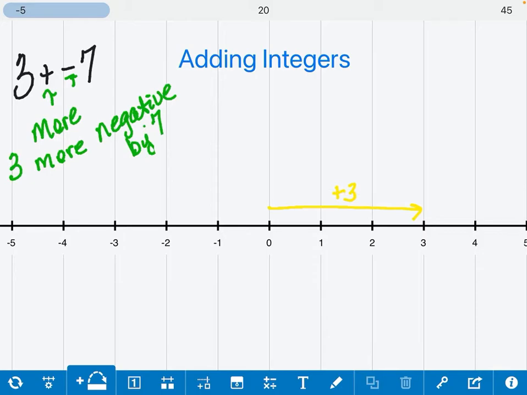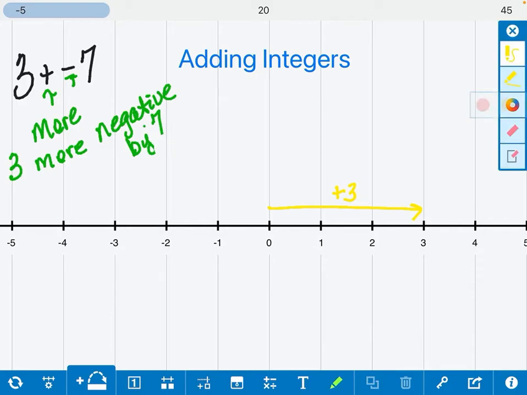So we're going to bunny hop 7 times: 1, 2, 3, 4, 5, 6, 7. My line needs to go all the way from the 3 down to the negative 4. That's 7 hops.